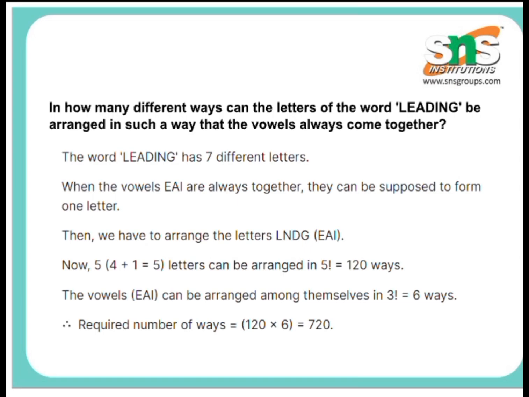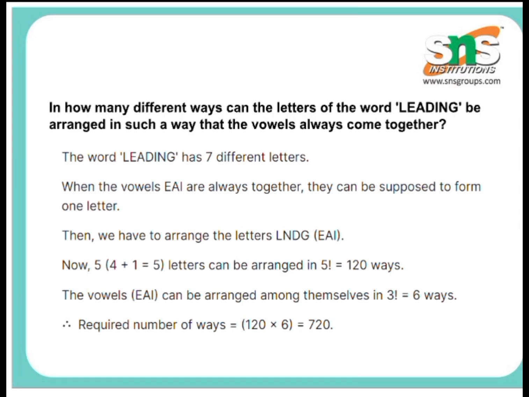And what are the consonants we have? L, N, D and G. So these 4 letters can be arranged in any other form. Similarly, E, A, I also can be arranged. From the question we know that E, A and I should always come together, so the arrangement will be 4 plus 1, that is equal to 5 factorial. 5 factorial is 5 into 4 into 3 into 2 into 1, which gives 120 ways.